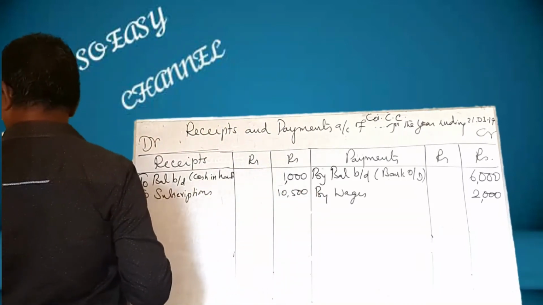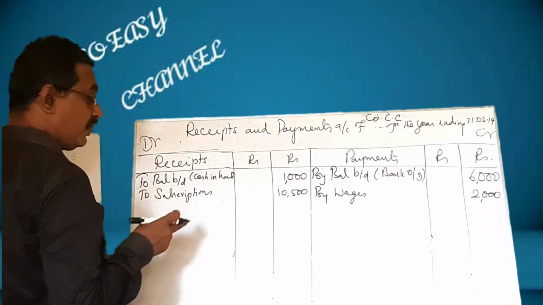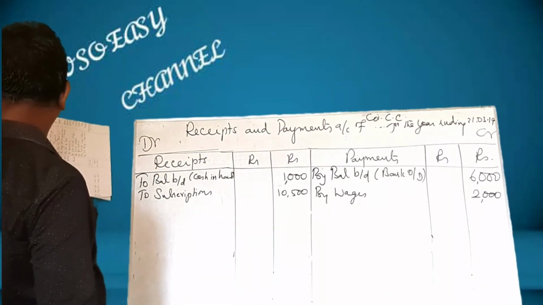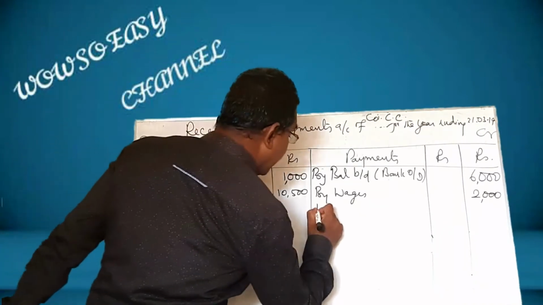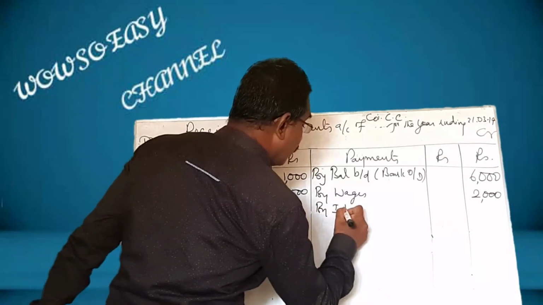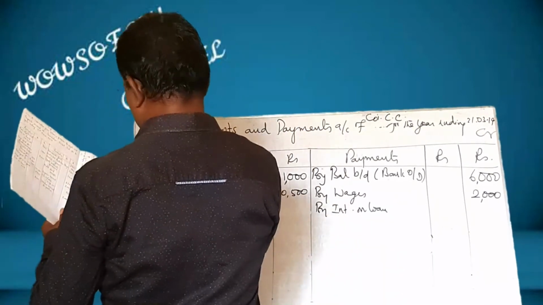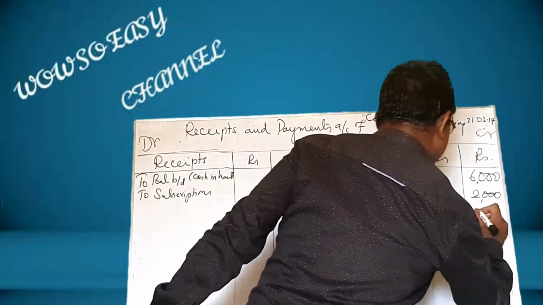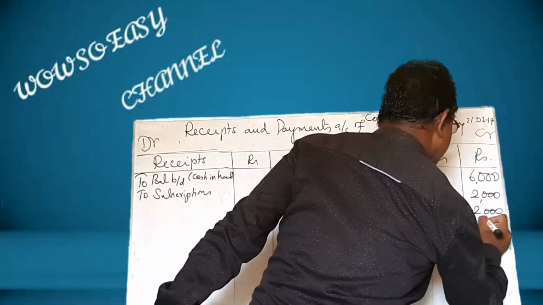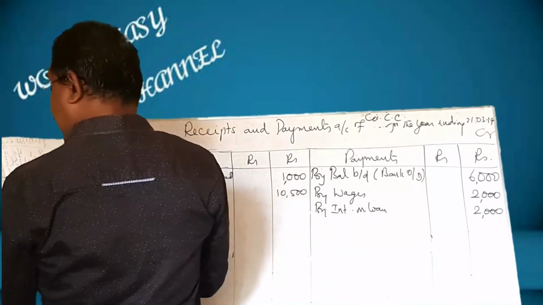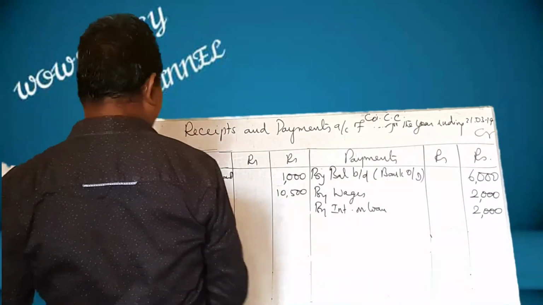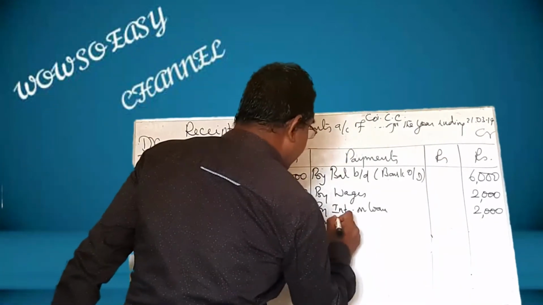And wages yet to be paid, that will not come in this account. Interest on loan paid by interest on loan. What is that amount? 2,000. Honorarium paid 2,800 by honorarium.